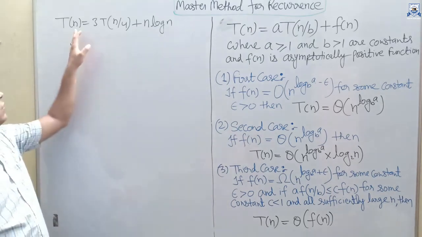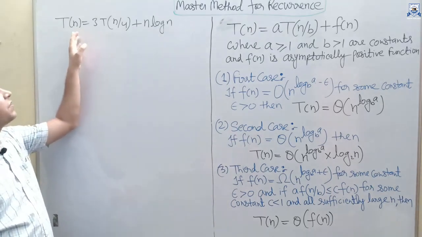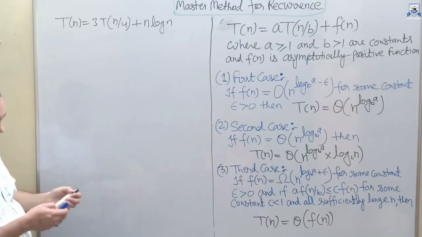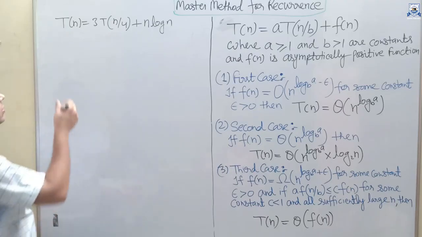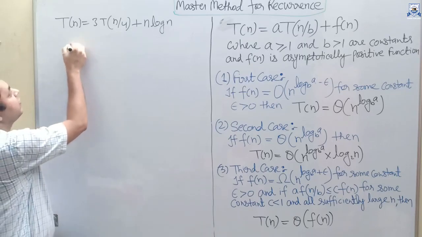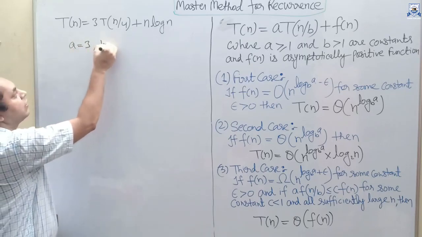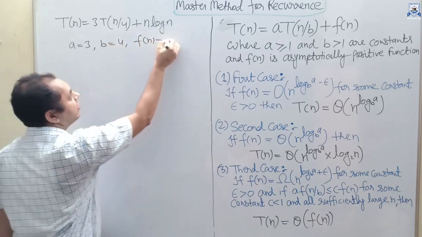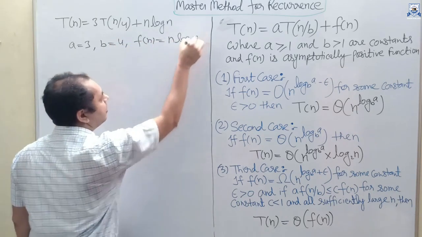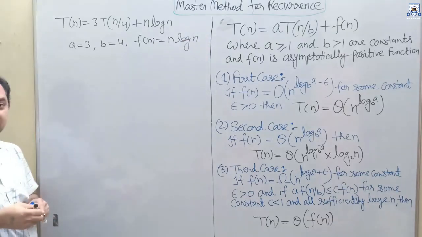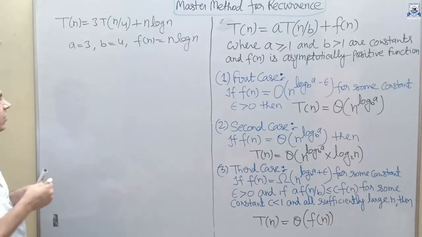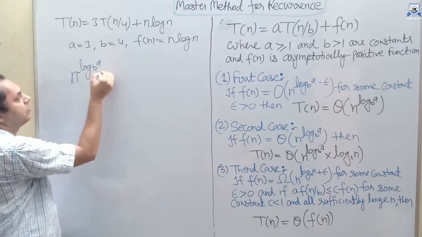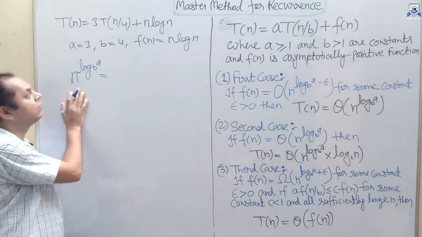Now let's solve one more recurrence relation. Tn is equal to 3T(n by 4) plus n log n. Similarly, in this case we find that the value of a is 3, b is 4 and fn is equal to n log n. Now let's calculate n to the power log a at base b.